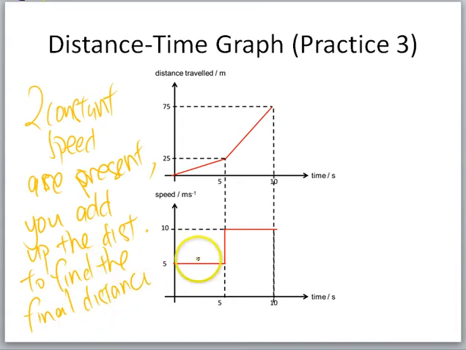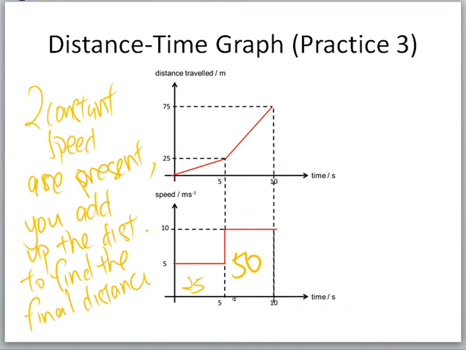If two constant speeds are present, you have to add up both distances to find the final distance. So we know that initially it traveled 25 meters here, and it traveled another 50. So 25 here, and it reaches 75 because of the 50 over here. Okay, 50. So just take note of this.